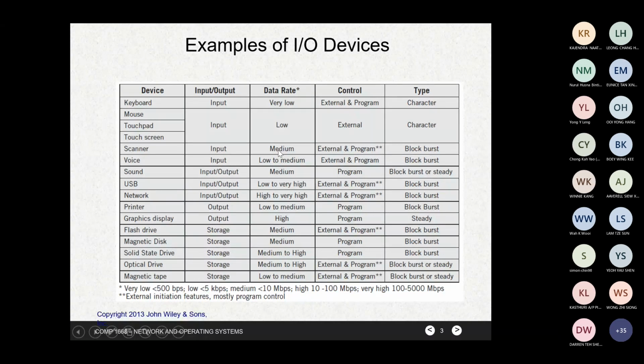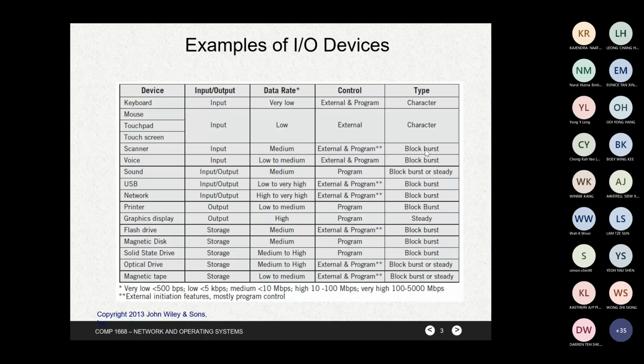It is external. A scanner reads data in a block as an image, so that's why we call it block, not character by character, unless it is the old version of scanner where you read character by character, known as an OCR, optical character recognition kind of scanner.